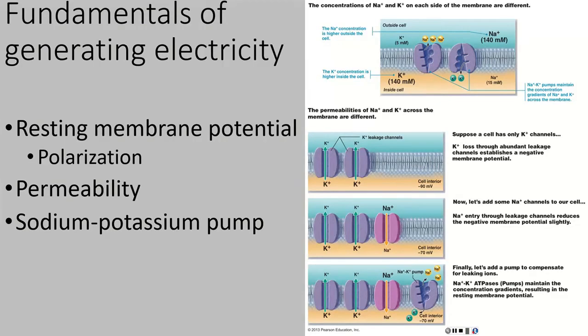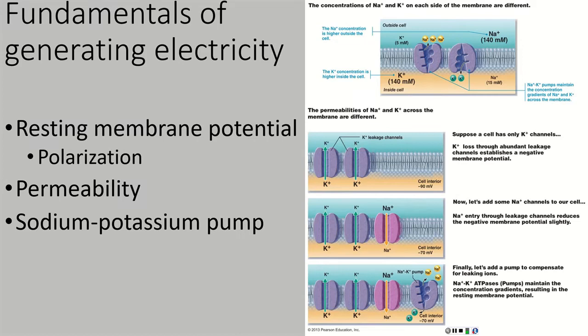Now, because of this separation of those ions, and because of just how permeable the membrane is to each of those ions, we get that separation of charges. We get a voltage. And remember, the inside of the cell is more negative compared to the outside of the cell.